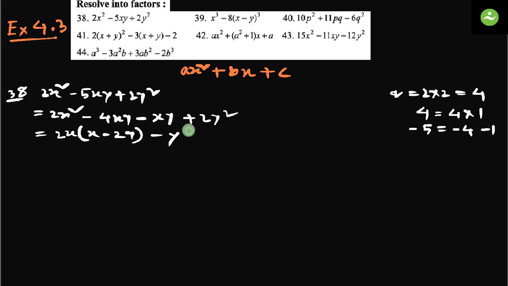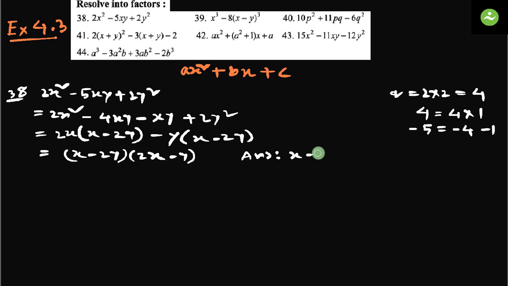If we take y common, then x minus 2y into 2x minus y. So the answer is x minus 2y into 2x minus y.